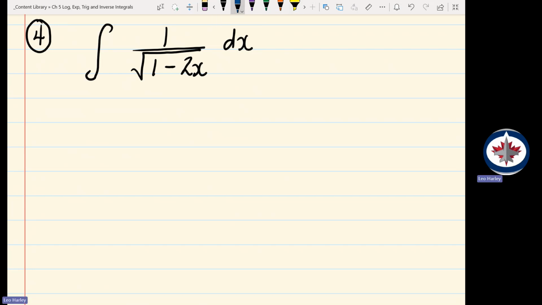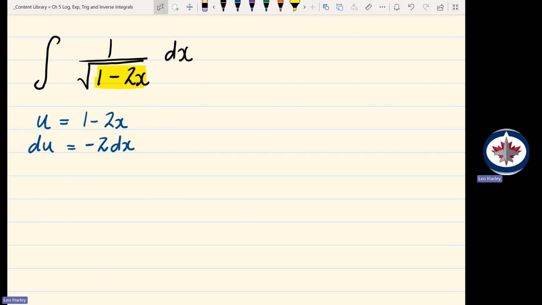I'm eager to use inverse trig functions, but does this require an inverse trig function? No. Because the truth is, when we look at what's inside of the square root, it's just a very safe linear function with a constant rate of change. So we can manage that. And when we find its constant rate of change, it's just -2. And then we can factor that out.